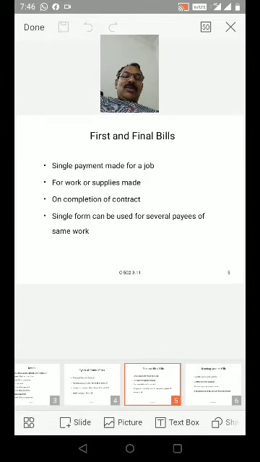Single form can be used for several payees of same work, for which you have to use the single form. That is first and final bill.